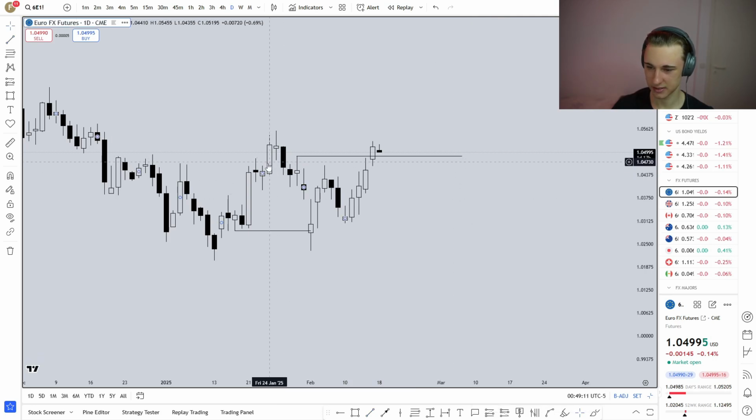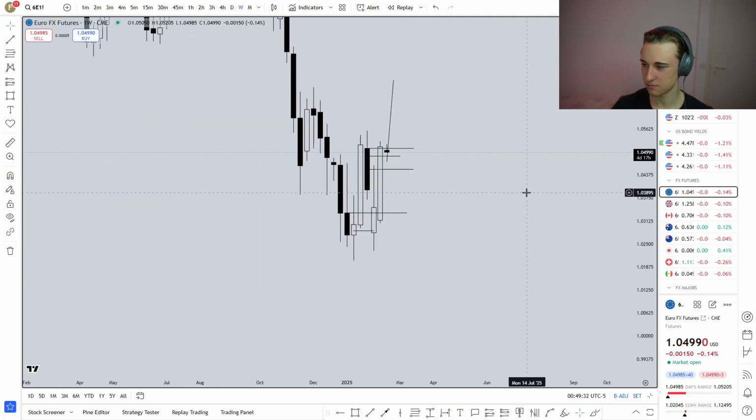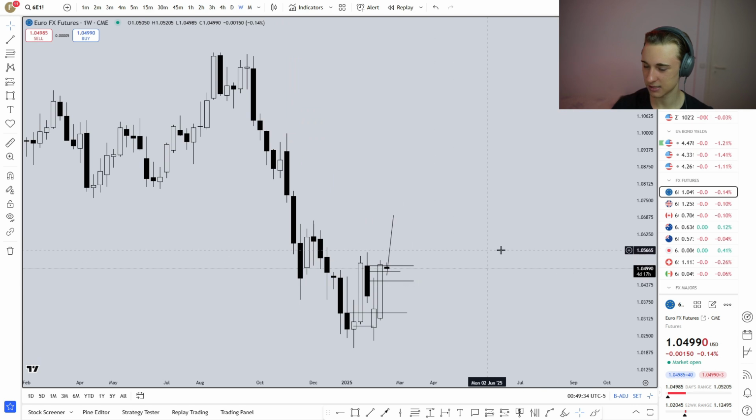And also we have this balanced price range right here. So market could see upside from here, kind of this level, volume imbalance again, order block, and we could see a rally higher from there.